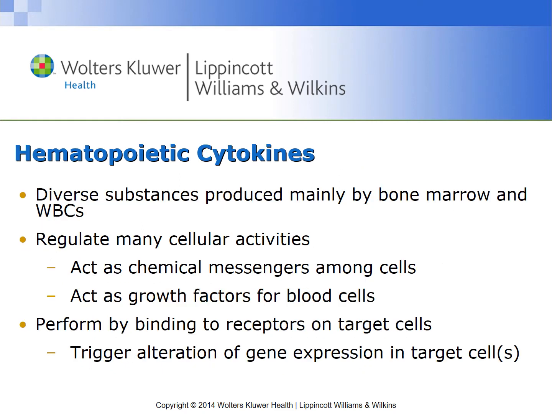Just a little bit more about this. We've already mentioned that they're chemical messengers and growth factors, but they perform by binding to receptors on target cells, and they trigger alterations of gene expression in those target cells. So that's basically how they work.